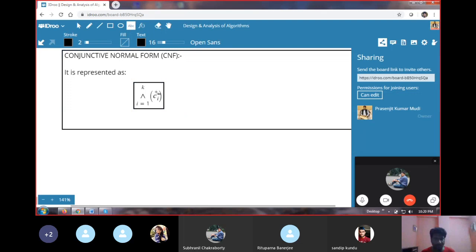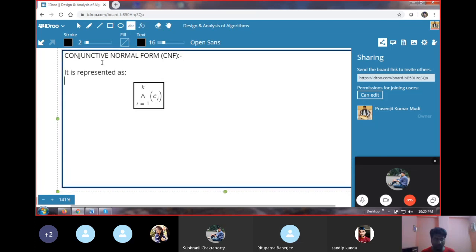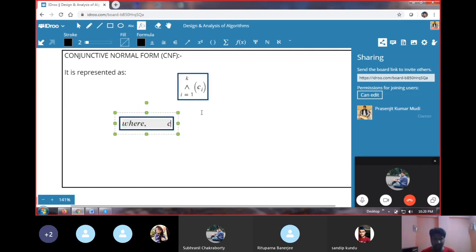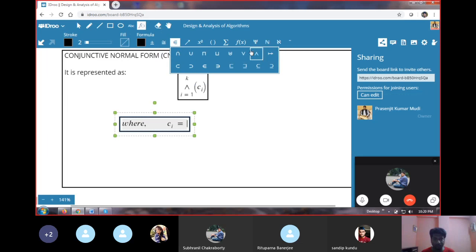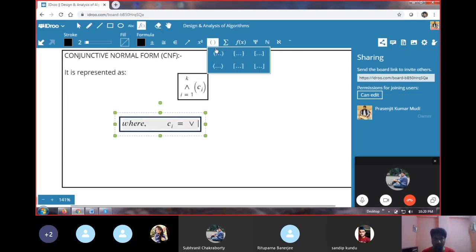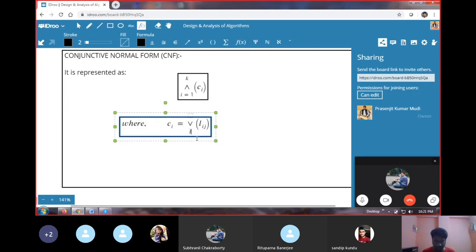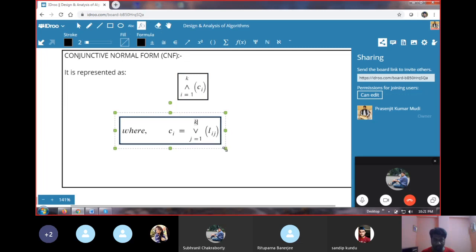Below it, where Ci is equal to the OR of literals Lij, j equal to 1 to k, for example.